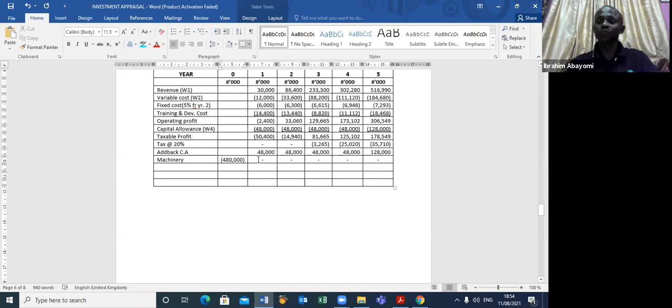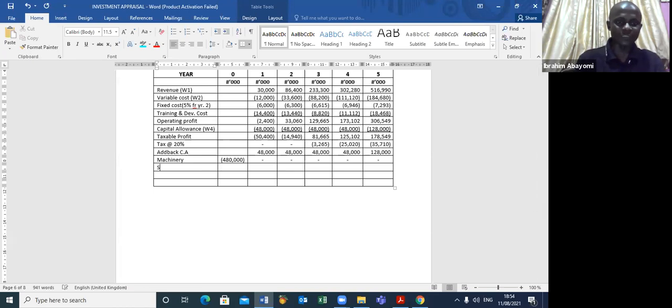If that is the case, it's a cash flow. You treat it when the cash will be paid, not when you buy it. We bought it in year 0, but because the client did not give me further information, I'm assuming that we are paying for the machinery the same year that it is bought. So we are paying for it immediately. That is my assumption here.